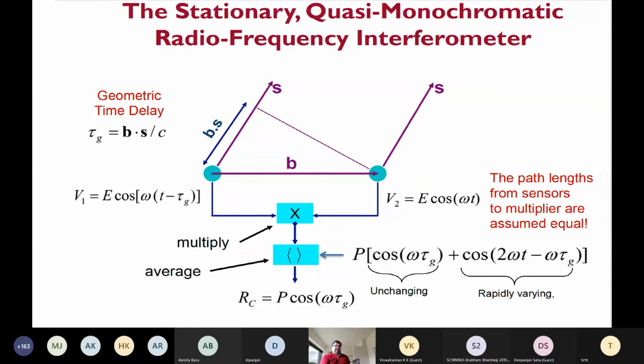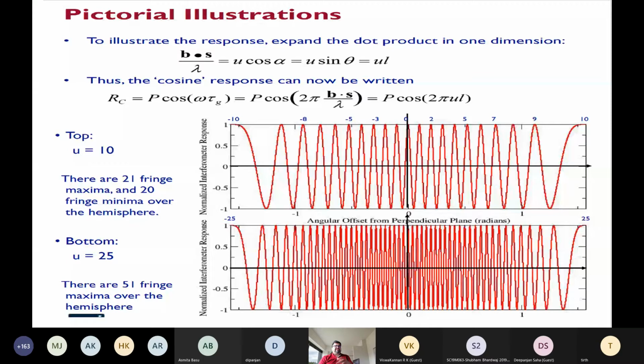So definitely an array which has just 6 dishes has much less data compared to GMRT, which has 30 antennas, compared to SKA-Low, which will have at least 128 plus antennas and tiles. So as we grow the number of antennas in an array, the data rate also keeps increasing. We can skip this slide.